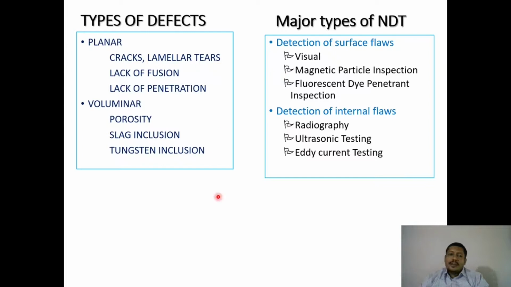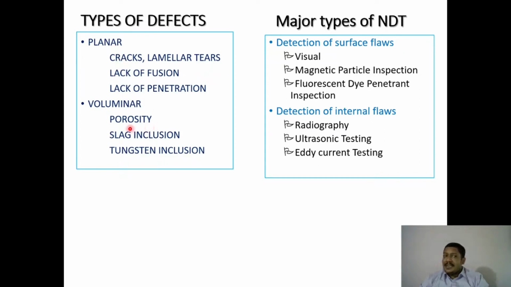If we see the defects on the weld, certain defects are planar defects and certain defects are volumetric defects. Cracks, lamellar tears, lack of fusion, lack of penetration, etc., can be grouped under planar defects.